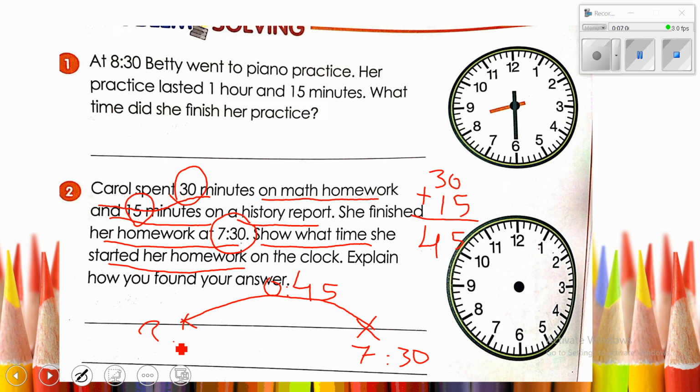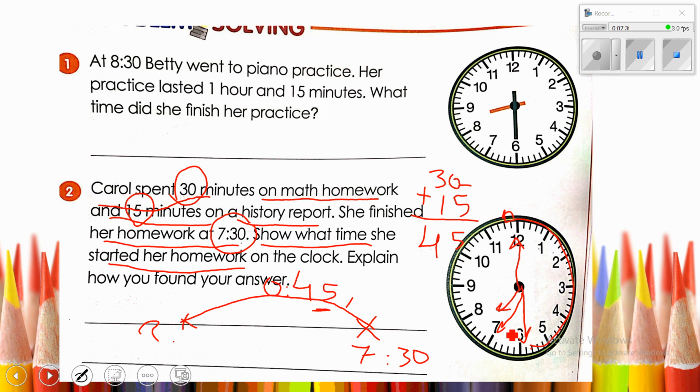Let's see how. If I told you it's 7:30, so the minute hand is on 6 and the hour hand between 7 and 8. If I want to go back 45 minutes, let's go first 30 minutes back. When the 30 minutes go back, yes, it will be 7 o'clock.